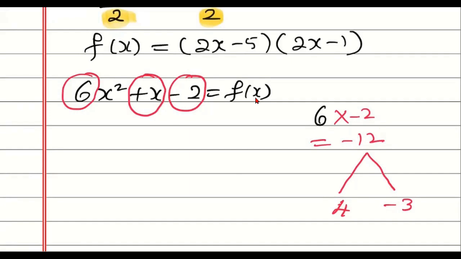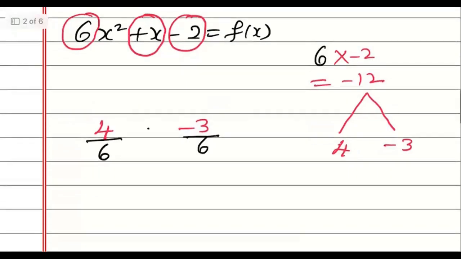Now, write 4 and minus 3. Please don't change the signs. Divide these numbers by the coefficient of x², that is 6. So these two numbers reduce to 2/3 and minus 1/2.